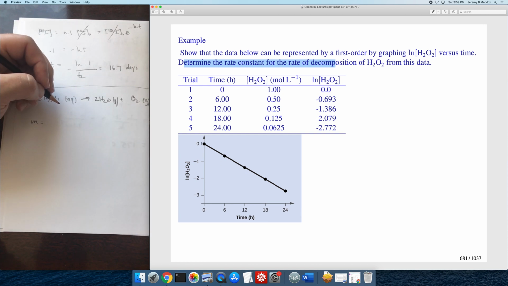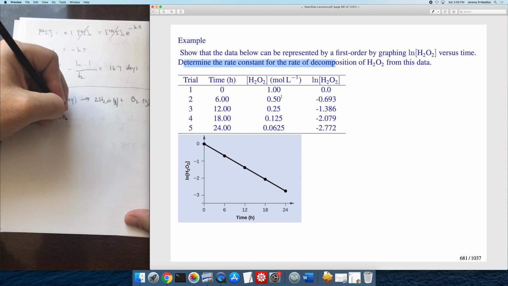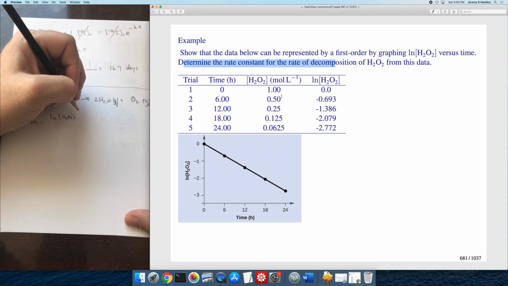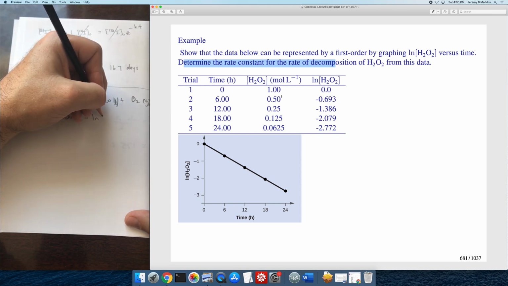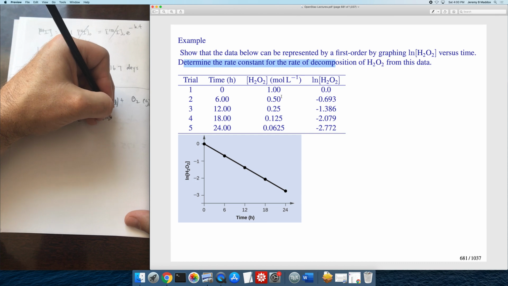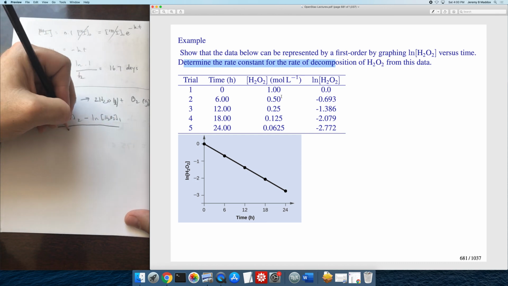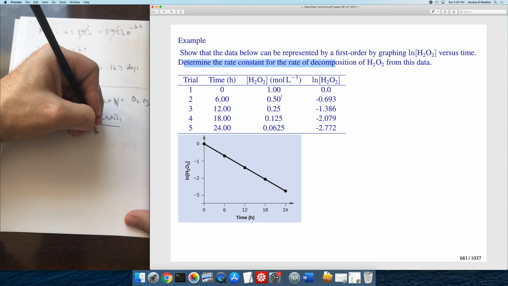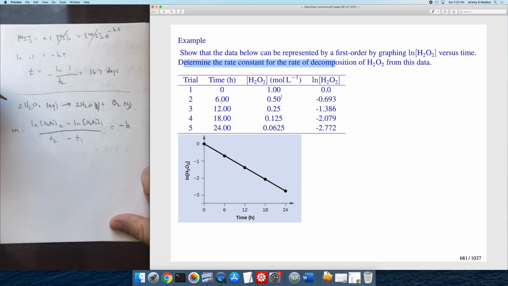So let's just take the first 2 points, and we're going to take natural log of the H2O2 concentration at time 2 minus the natural log of the H2O2 concentration at time 1 divided by time 2 minus time 1. The slope is going to be equal to minus the rate constant. Okay, and so we're solving for the rate constant.